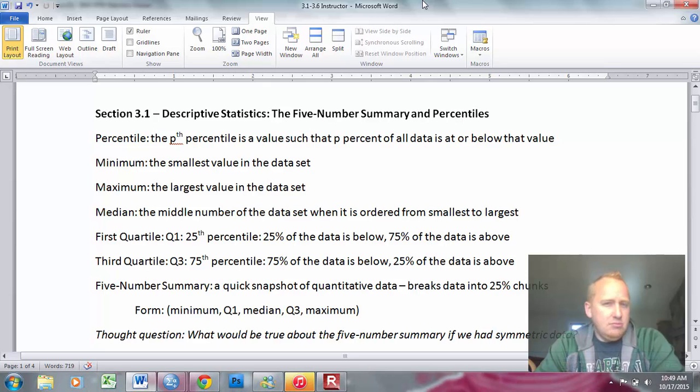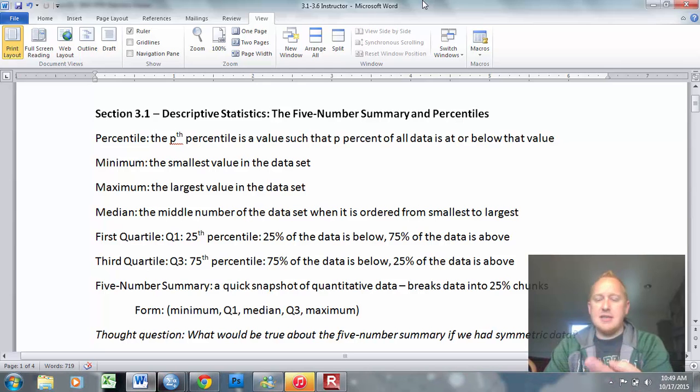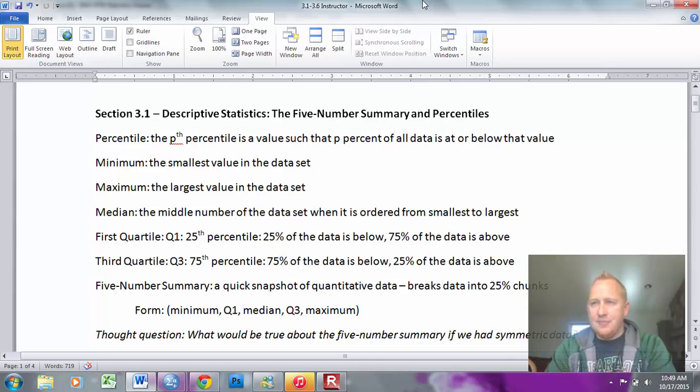If any of you have kids or hope to have kids someday, they do what are called well visits for the babies. And some of the things that they do at these well visits is they measure your baby's height, their weight, and their head circumference. So I just wanted to give you another example of a percentile. All three of my kids, all three of the J's, Jordy, Jackson, Jay, they're in like the 30th to 35th percentile in height and weight, and they're in like the 90th percentile for head circumference.